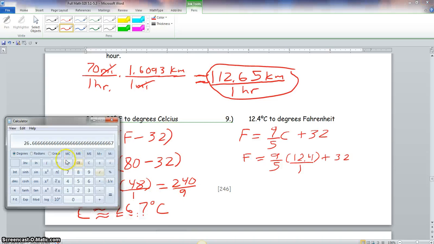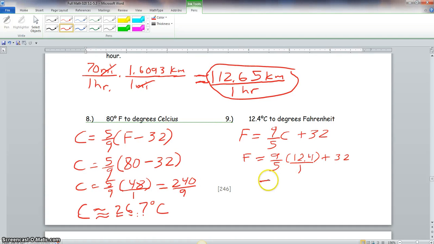We could take our calculator here. So we could take 12.4 times 9, which gives us 111.6, divided by 5. And that gives us 22.32.